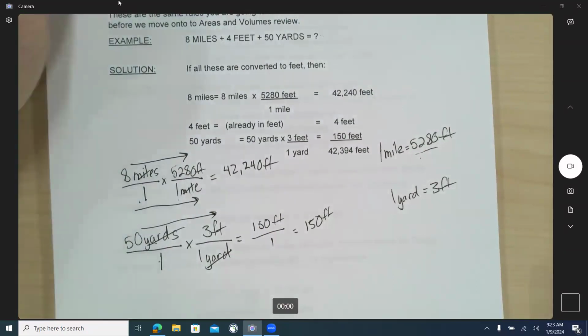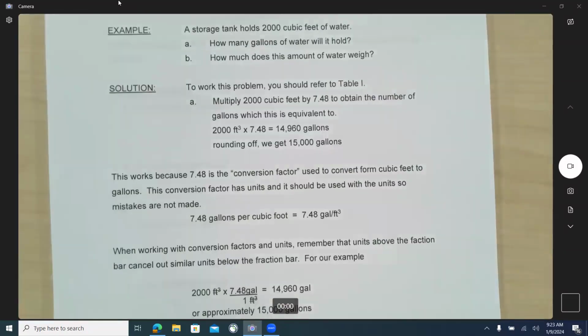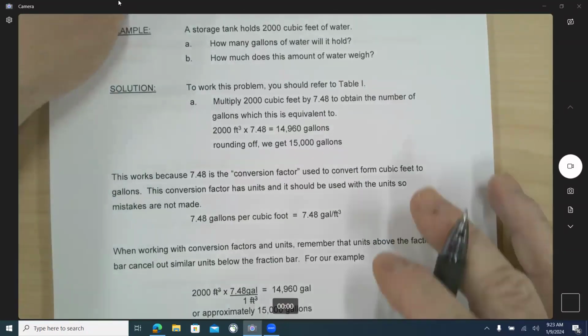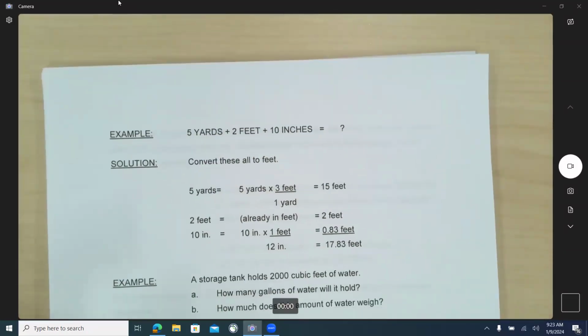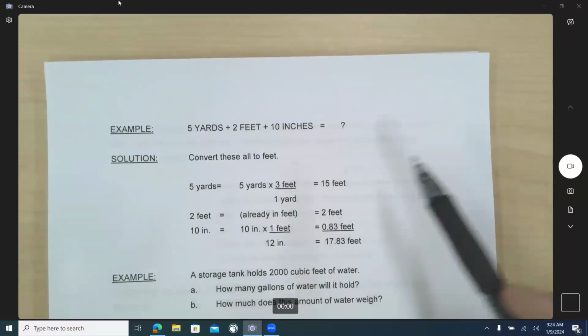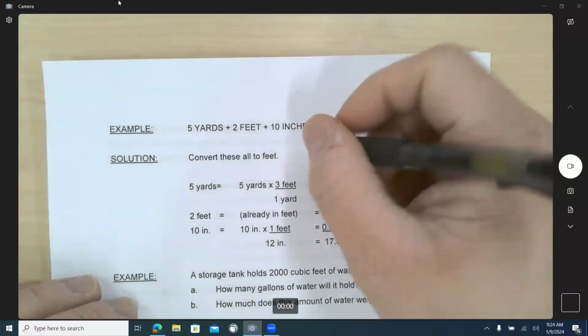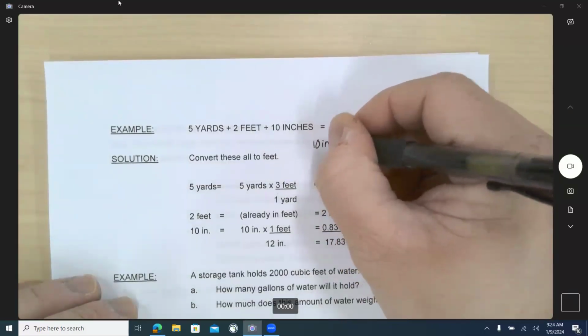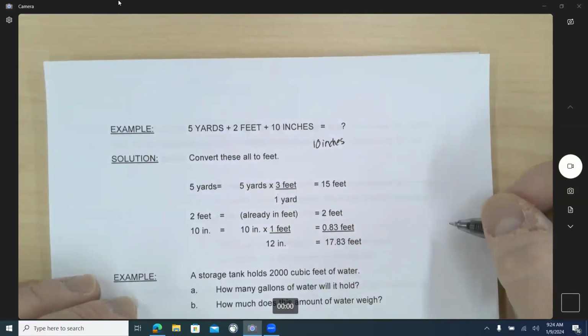All right. So here on the next page, in this example, we have 5 yards plus 2 feet plus 10 inches. Right? Convert all of these to feet. So we just did yards, so I'm not going to worry about that. I'm going to worry about my 10 inches, all right? So I'm going to start with that.